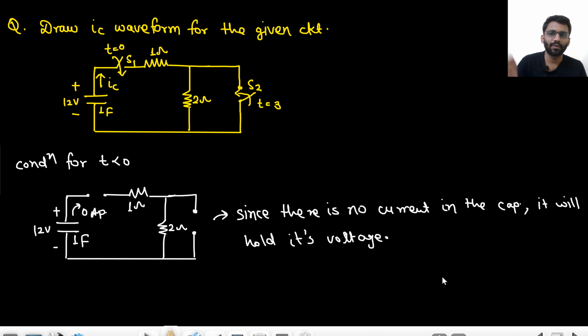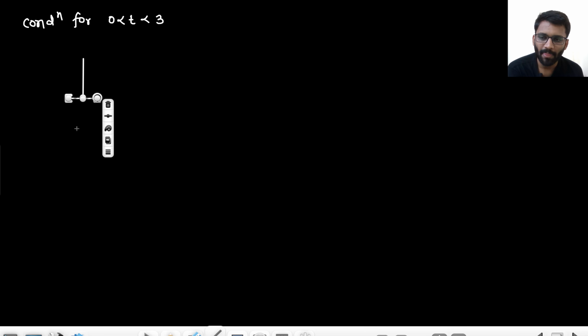Okay, now the condition for t greater than 0 but less than 3 seconds. Okay, so what is the condition? We have a capacitor, a battery of 12 volt. One farad, 12 volt.